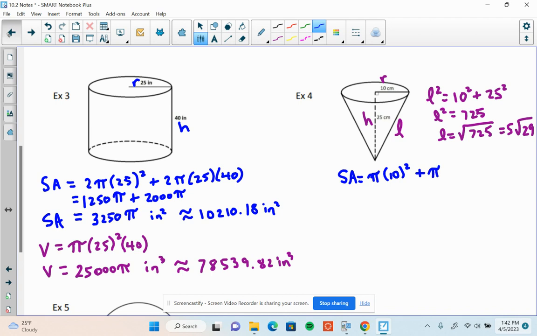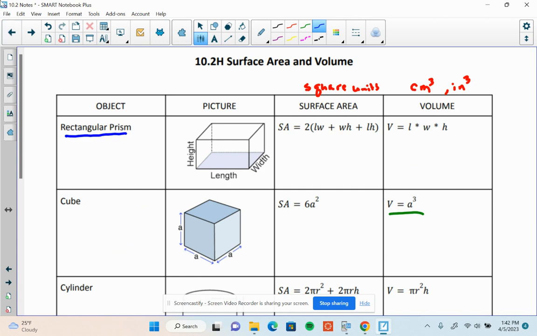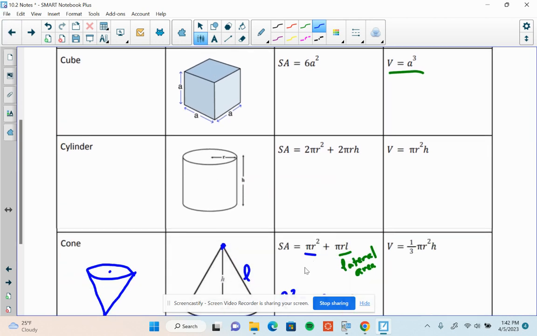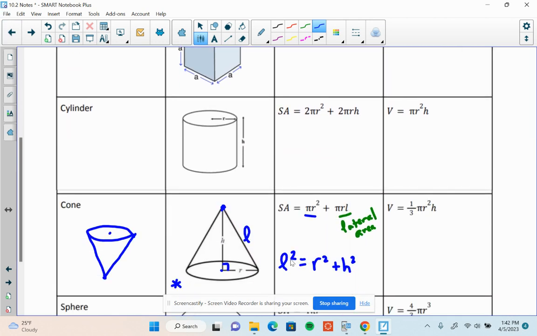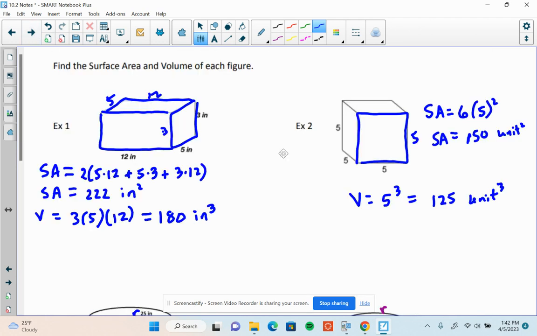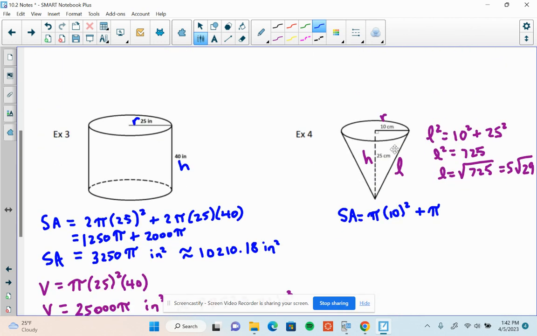I actually flip back, look at your formula. Right, formulas are right here. For the cone, the lateral area is pi r L, lateral area. Okay, so we do pi times r times L, which is our square root of 725, or we could put in 5 times the square root of 29 if we needed to.